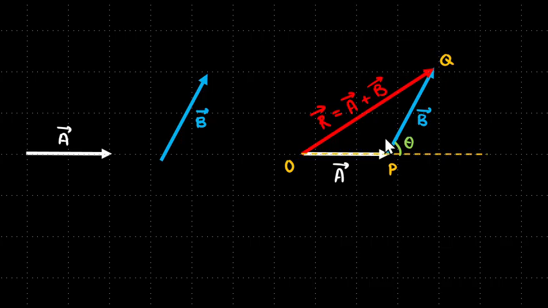Because a vector is defined by its magnitude and direction. So if you have its magnitude and its direction, you basically have everything else. So now let's actually try this. First of all, let's find the magnitude.